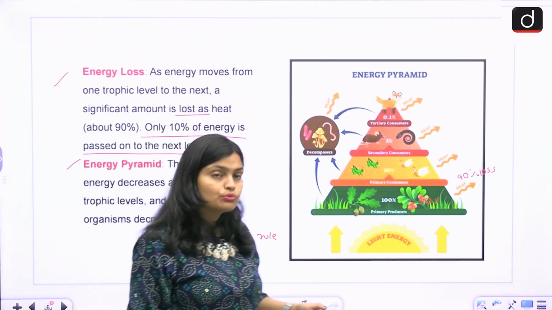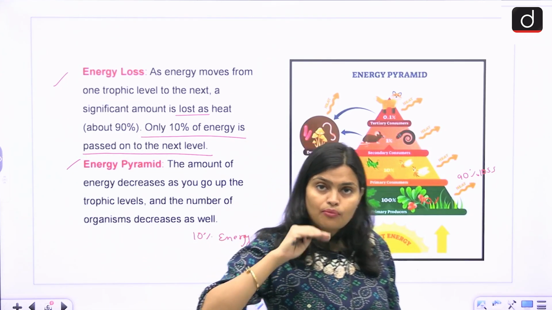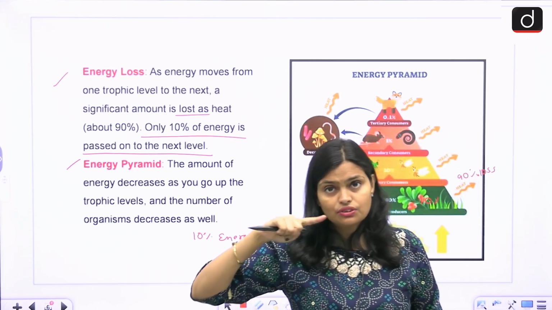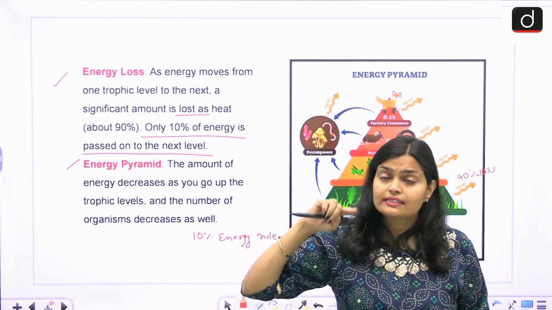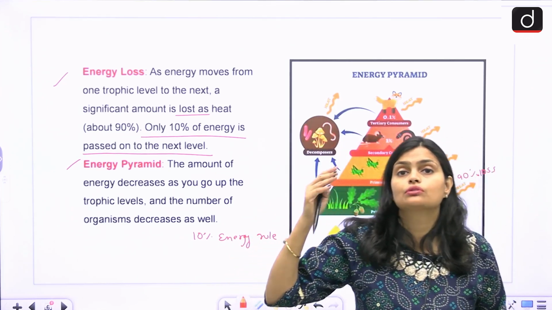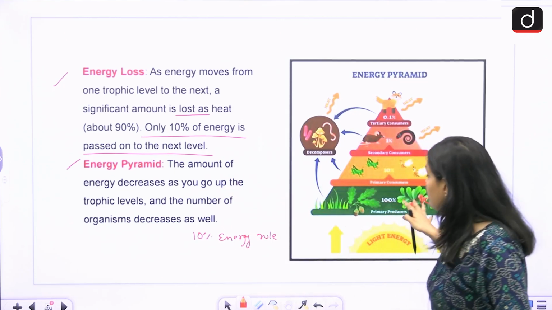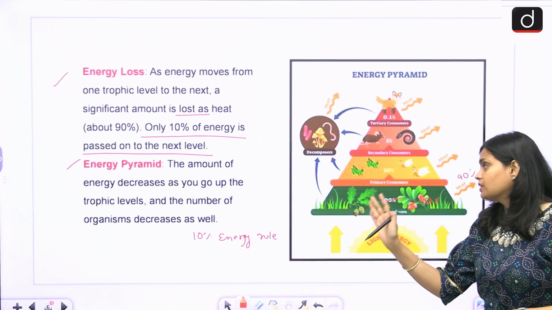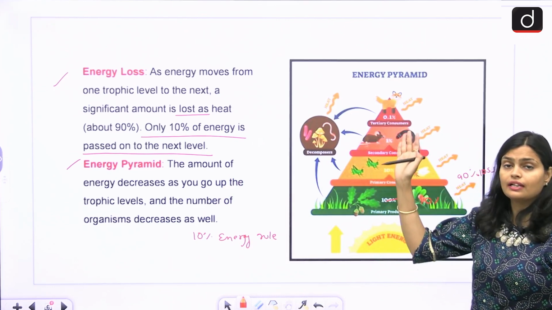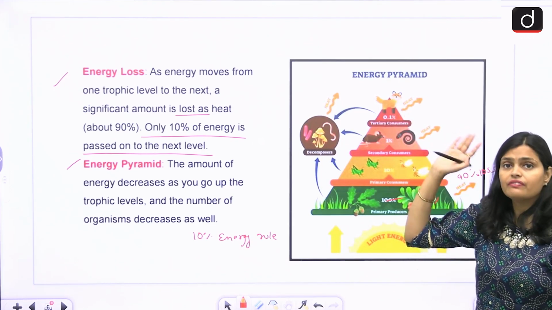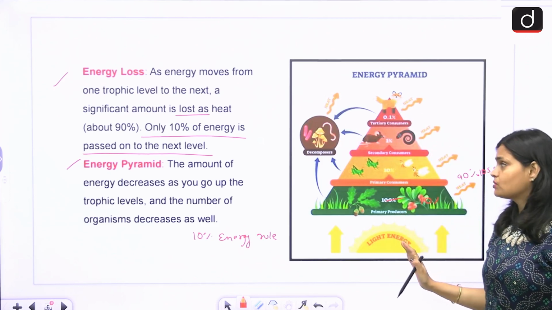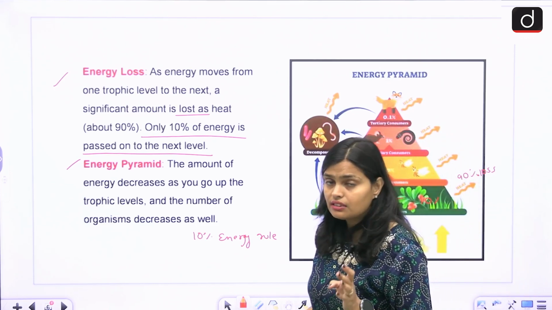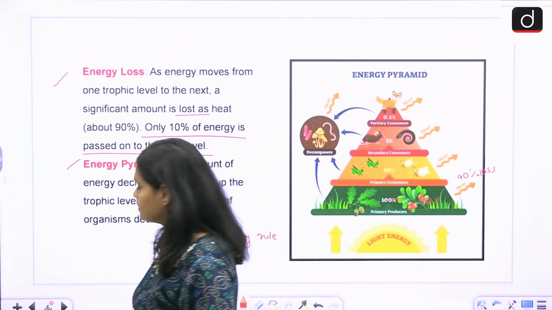Like you can see here, in the primary producers there are lots of producers, then fewer consumers, then secondary, then tertiary will be the very least. So as you move up, the energy is lost, and the number of organisms is also lost.